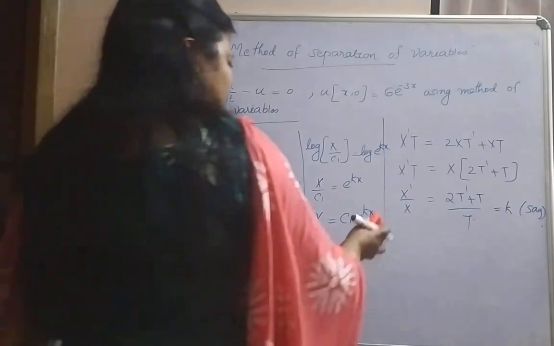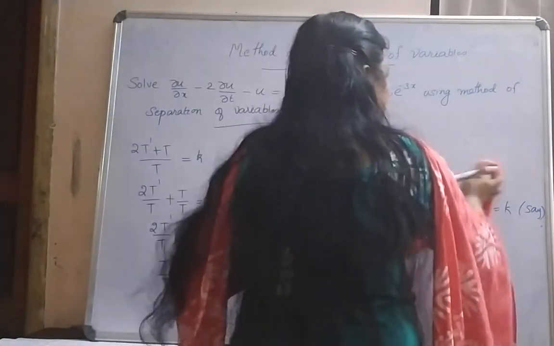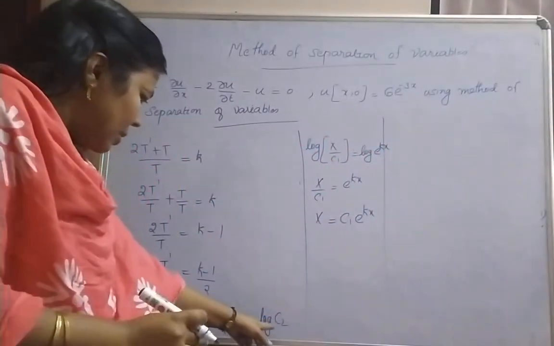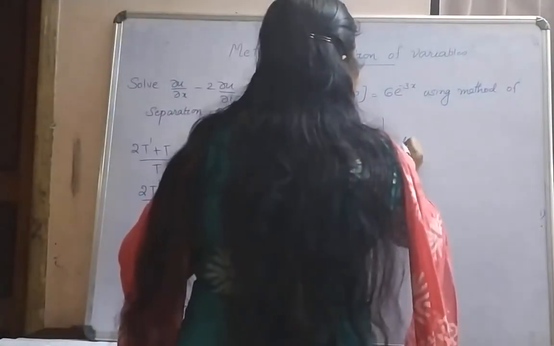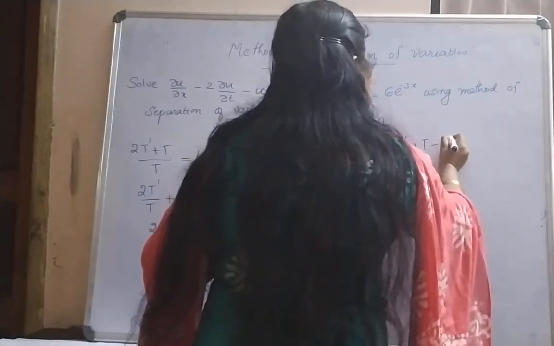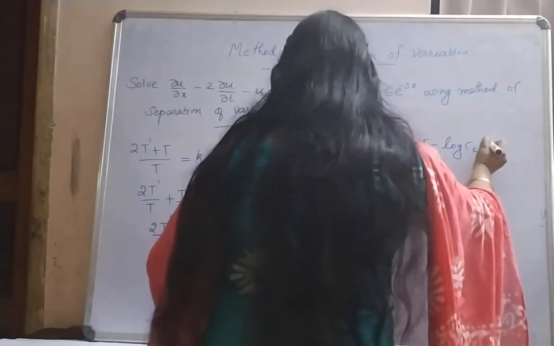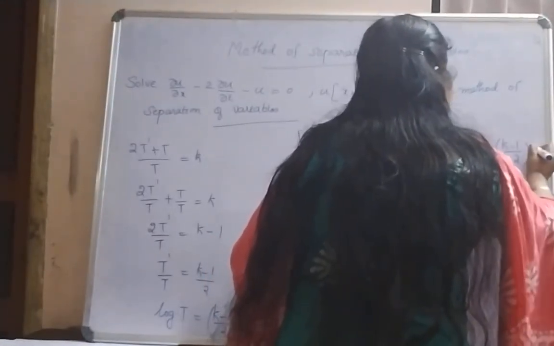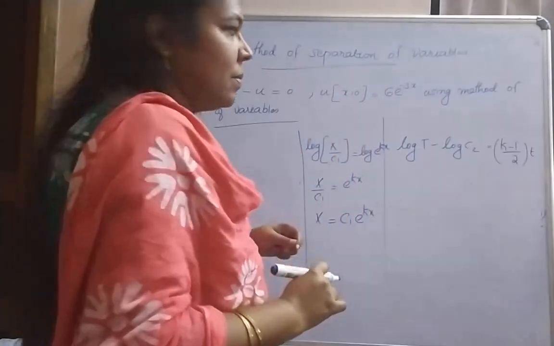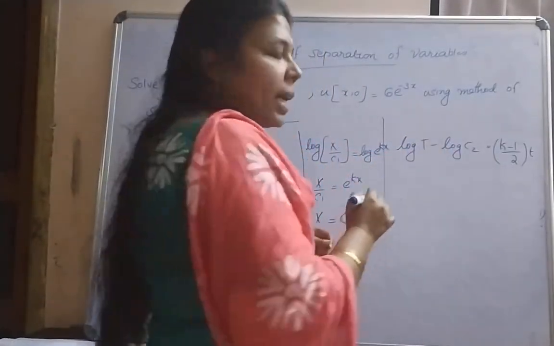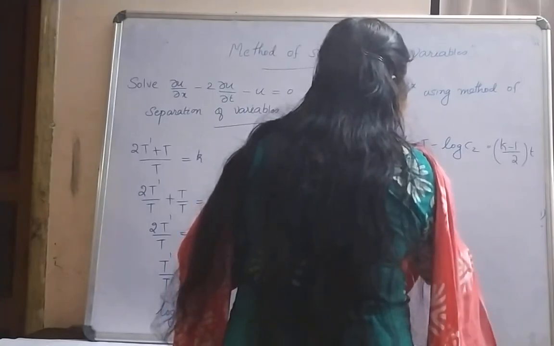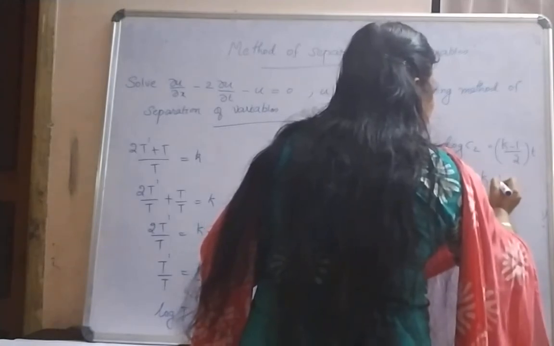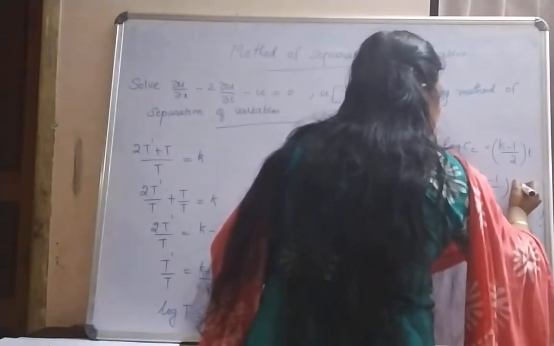Then log T minus log C2 equal to (k minus 1)/2 into t. Log a minus log b is log a by b. That is, log (T/C2) equal to (k minus 1)/2 into t.